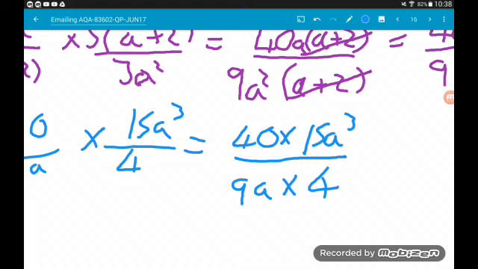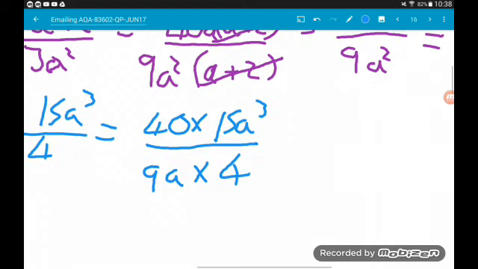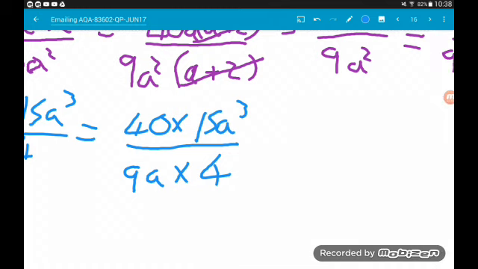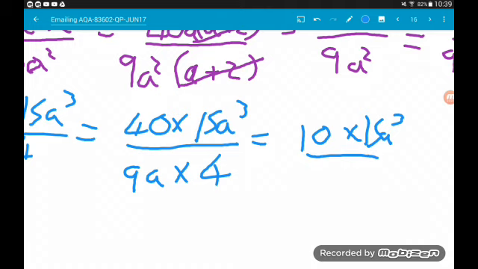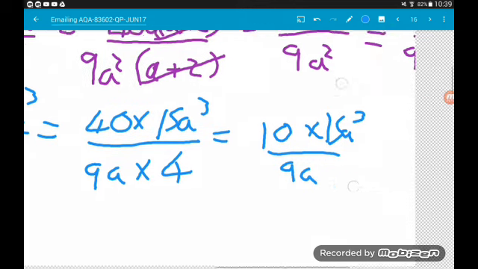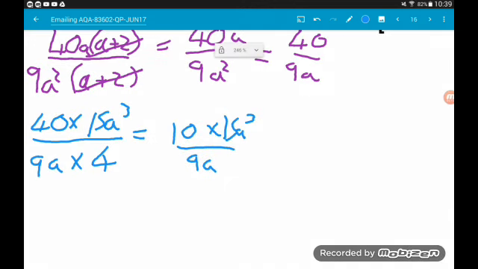And cancel out any common factors we can with it written like this. So, there's a common factor of 4 between 40 and 4. So we can divide the top and bottom by 4, which is going to give us 10 times 15a cubed over 9a. There's a common factor now of a.